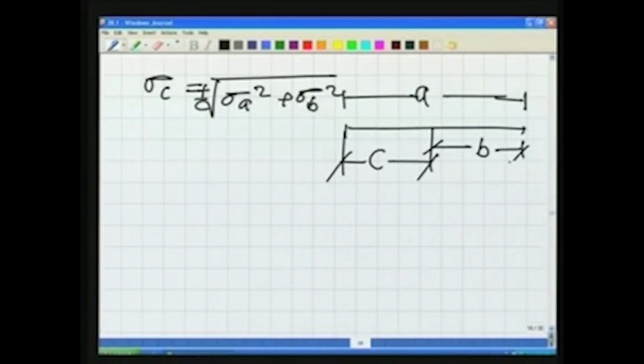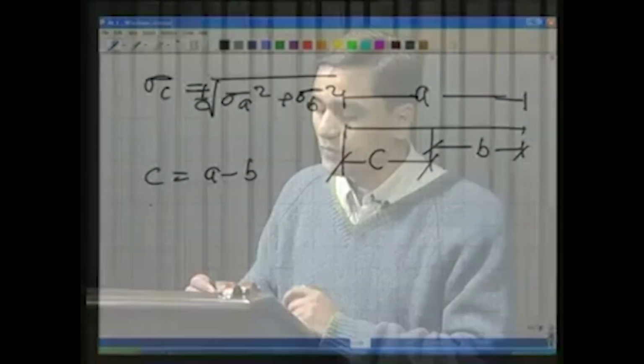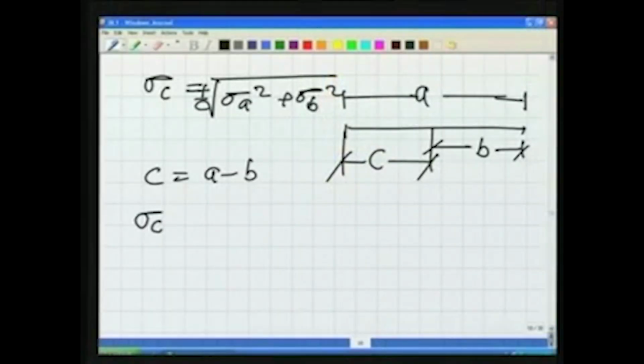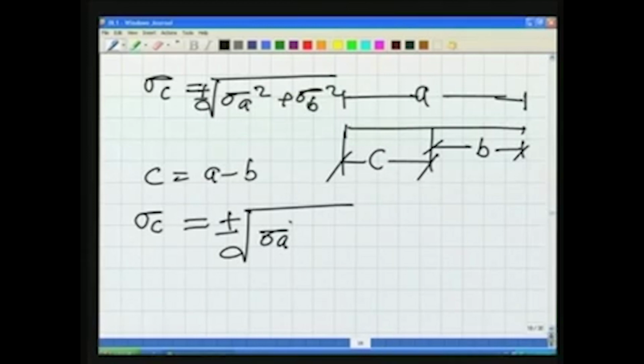That is also possible. We can arrive at C. So C becomes in this case A minus B. Now can you think of what will happen to sigma C? Actually, if you do the derivation, you will find sigma C will again come out to be sigma A square plus sigma B square.